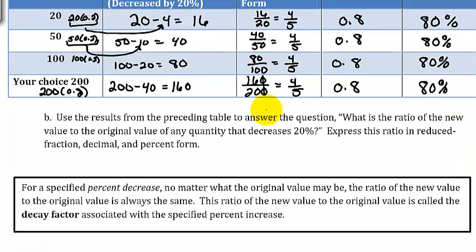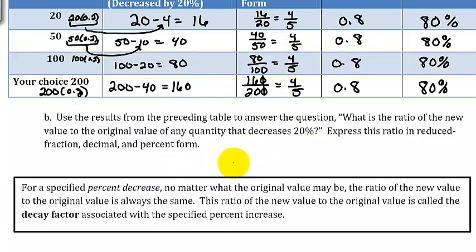Use the results from the preceding table to answer the question: what is the ratio of the new value to the original value of any quantity decreased by 20%? Express this ratio in reduced fraction form, decimal form, and percent. All of these ended up giving us 80%, 0.8, and 4/5, even the one that we chose on our own.